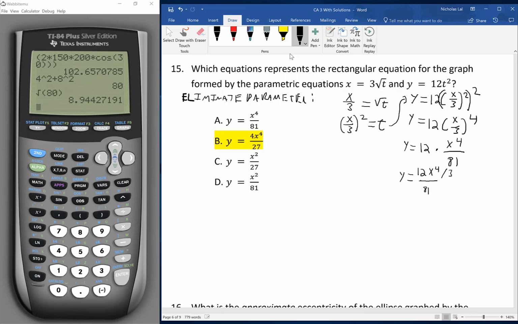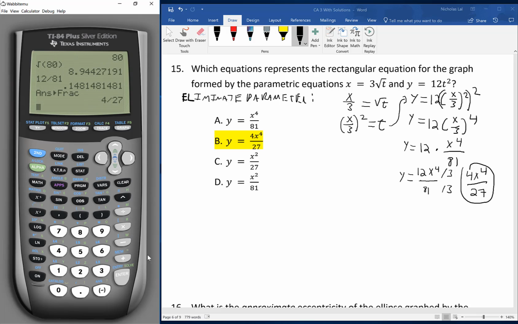So if I divide the numerator and denominator by 3, 12x to the fourth divided by 3 is 4x to the fourth, and 81 divided by 3 is going to be 27. So that just simplifies the fraction, because 12 over 81 is going to simplify to 4 over 27. So that's why you get, instead of 12x to the fourth over 81, it's more simplified to say 4x to the fourth over 27. So that's problem 15.